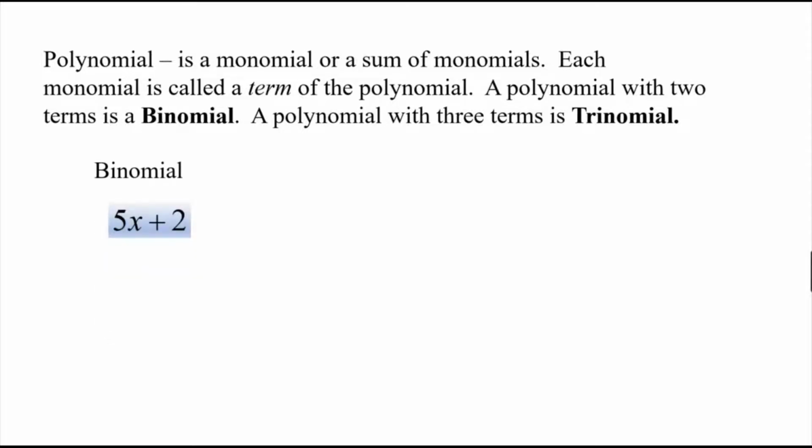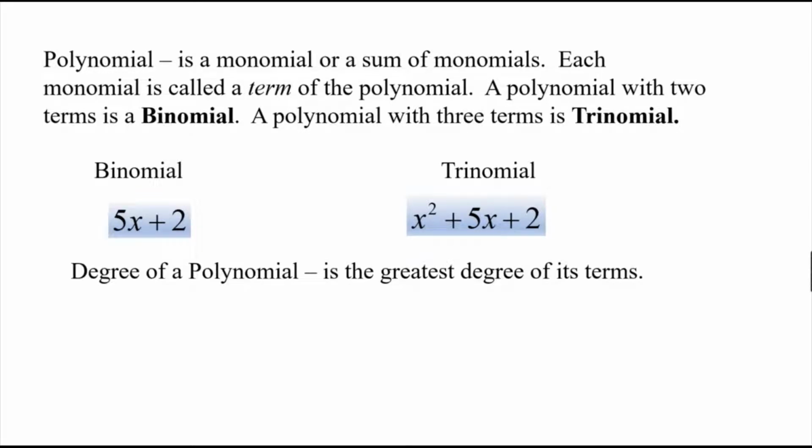The example of binomial is 5x plus 2, since it consists of 2 terms: the first term, 5x, and the second term, 2. For trinomial, let's say x squared plus 5x plus 2. As you see, this consists of 3 terms.